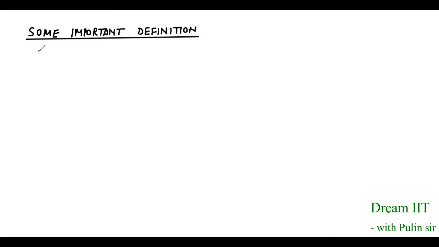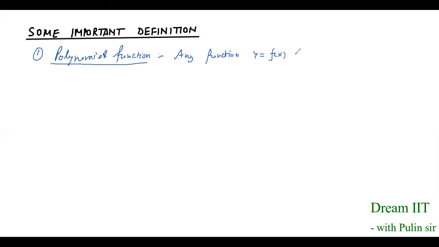First definition is about the polynomial function. So what is a polynomial function? You should know it, right? Any function y equal to f(x) of the form, f(x) would be like a polynomial.